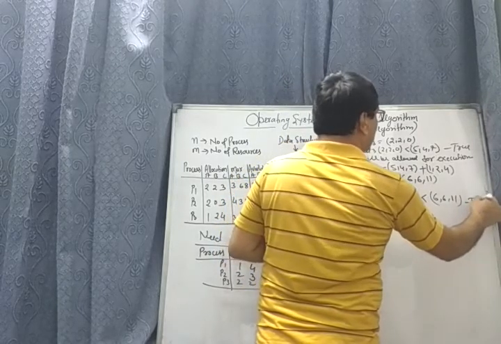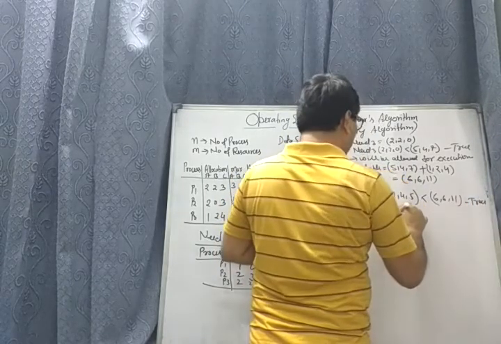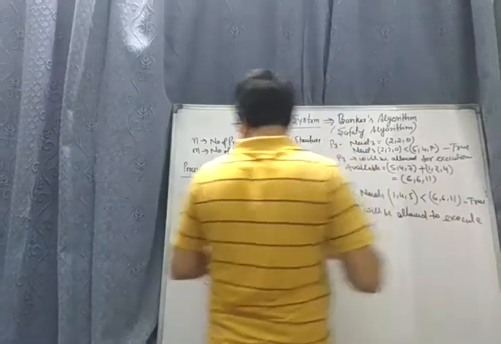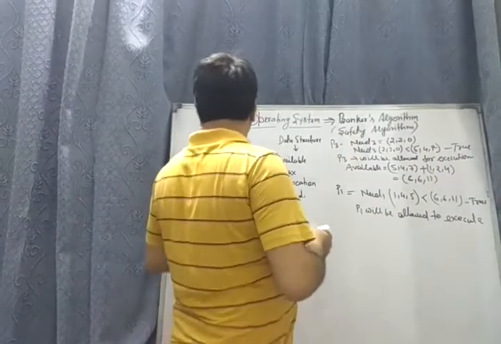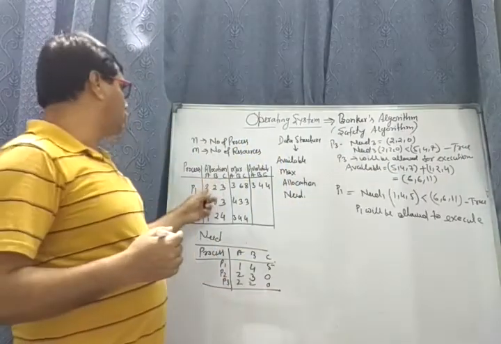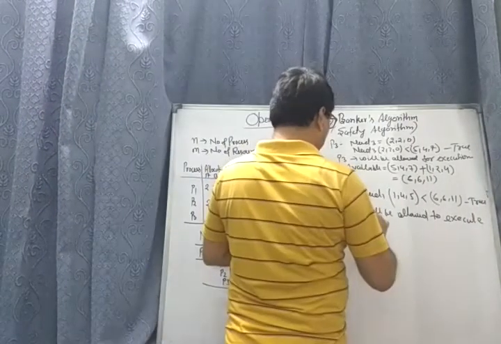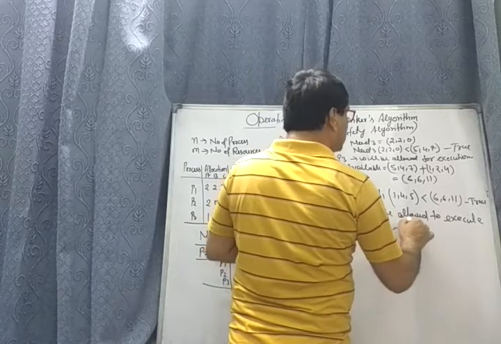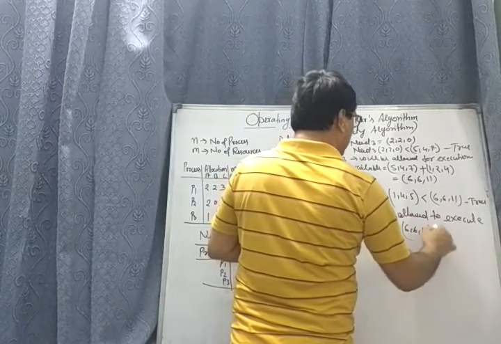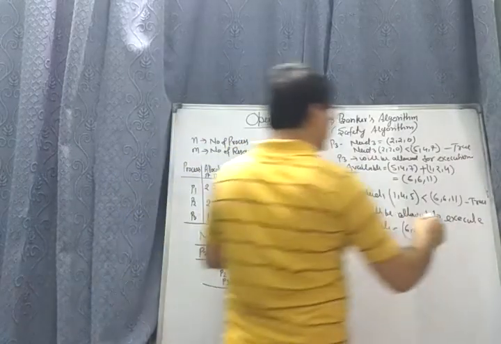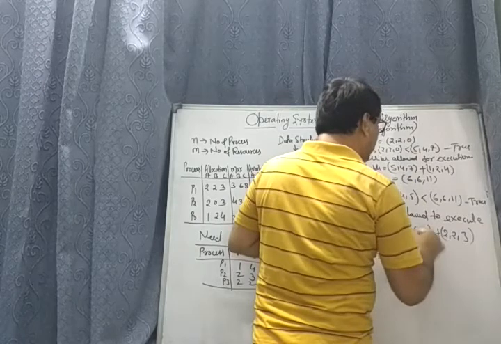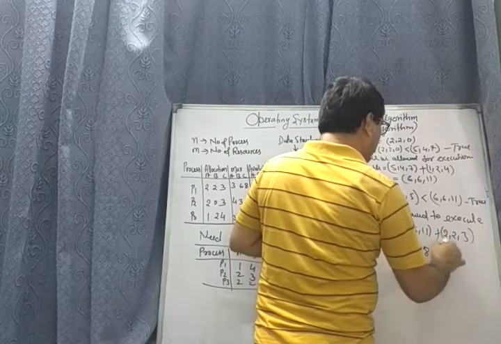This is true. Then P1 will be allowed to execute and after executing, the allocated resources will be released. That means the last available is equal to the total available, 6, 6, 11, plus 2, 2, 3, that is equal to 8, 8 and 14.